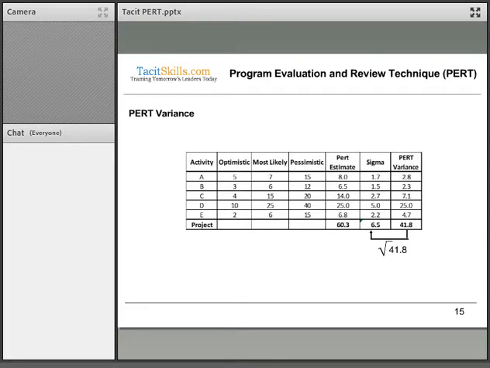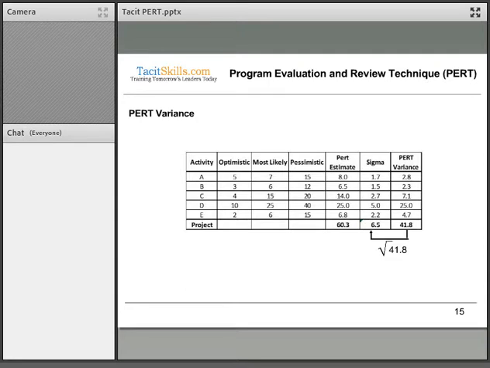And for E, 2.2 times 2.2 will give me 4.7. If I add all those figures up together, the 2.8, the 2.3, the 7.1, 25 and the 4.7, that gives me 41.8. If I now determine the square root of 41.8, that gives me 6.5.